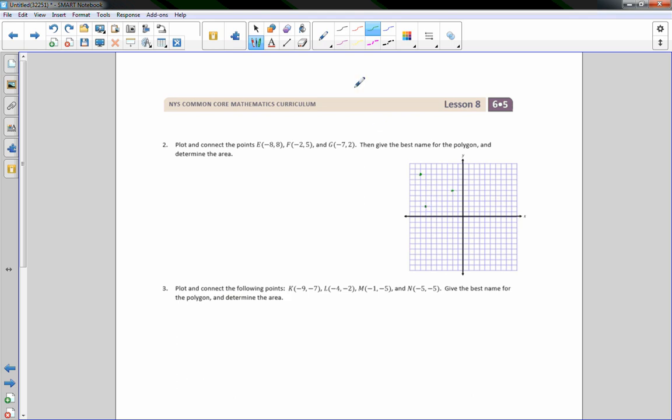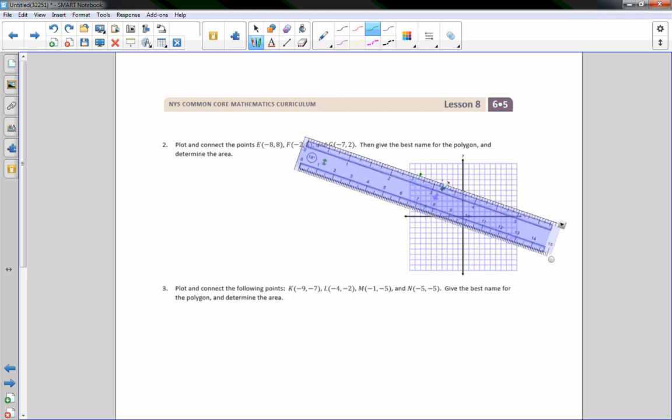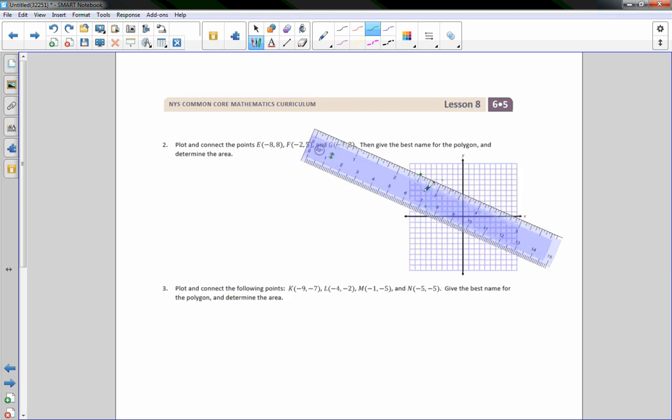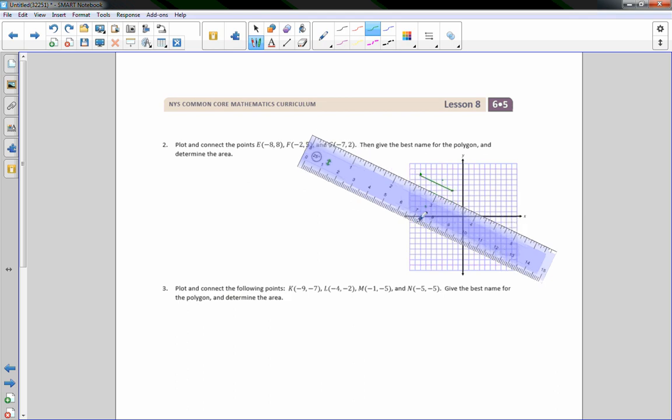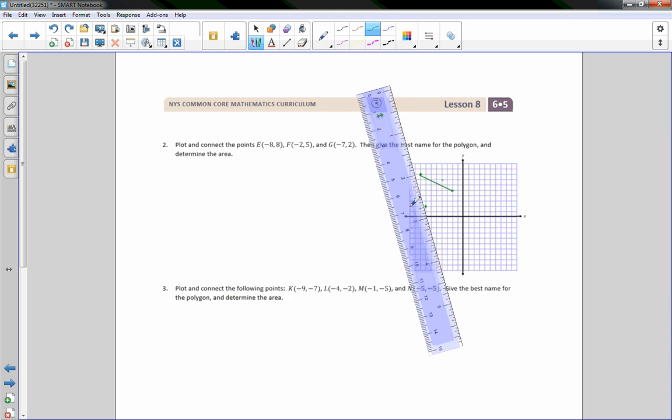Okay, so then I get my ruler. And bear with me, I rotate. Pretty good right there. Draw my line segment. Slide this around here.